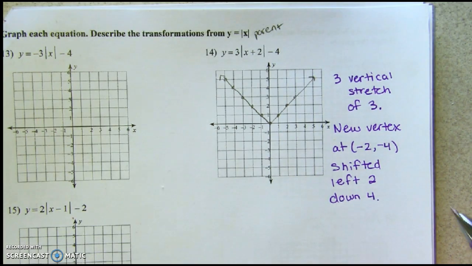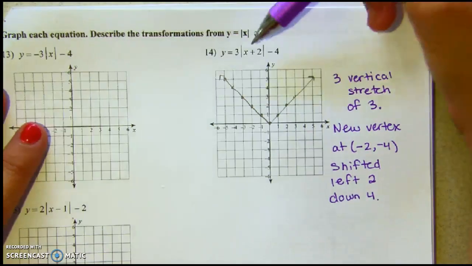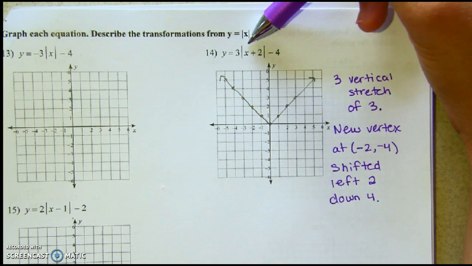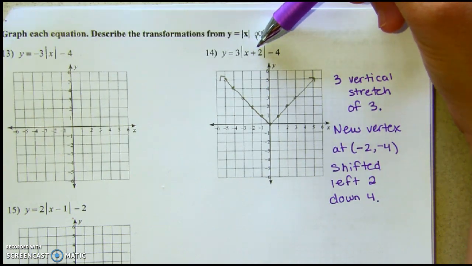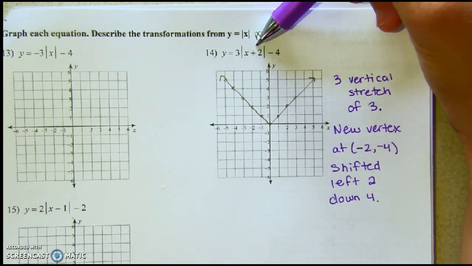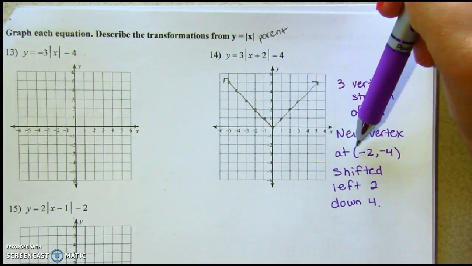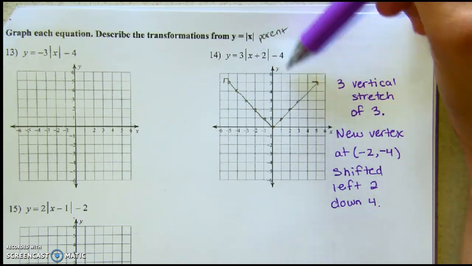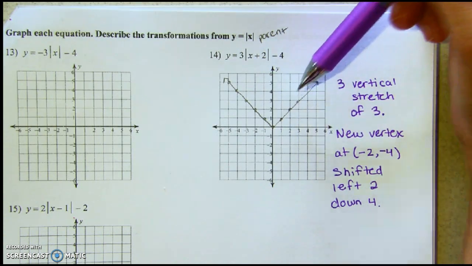And are you remembering why is it left 2? So inside the absolute value or inside parentheses, we do the opposite. And so it said plus 2, so we're going to go left 2. But outside the parentheses, that number in the end just means down 4. You keep that sign.